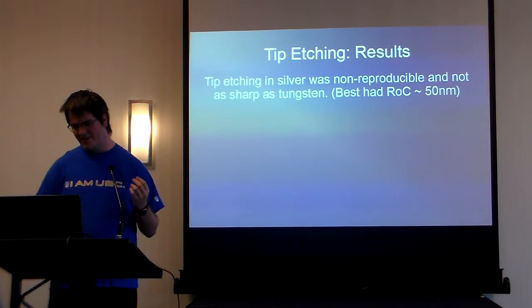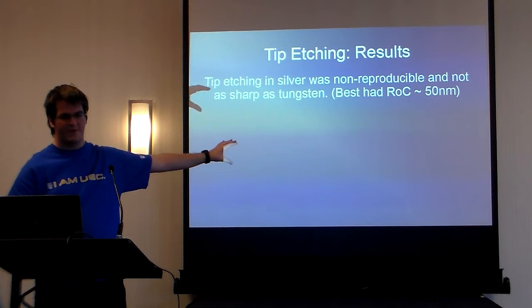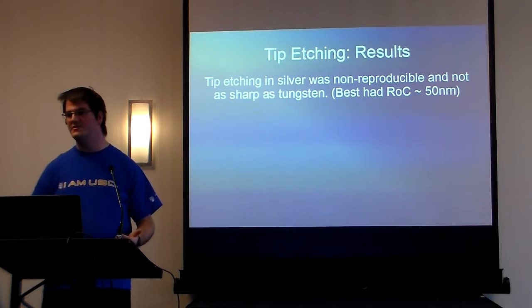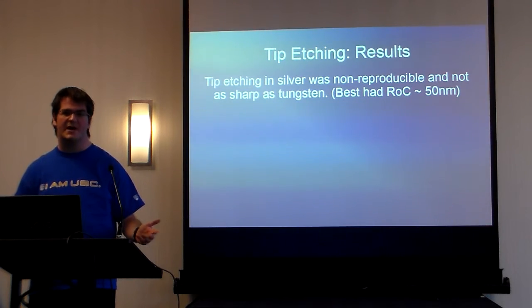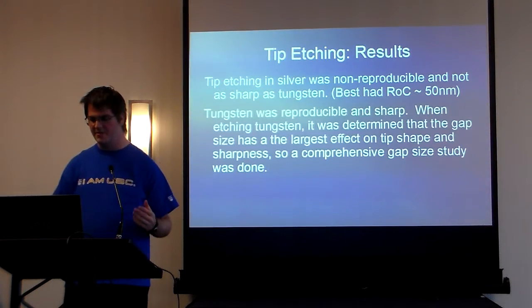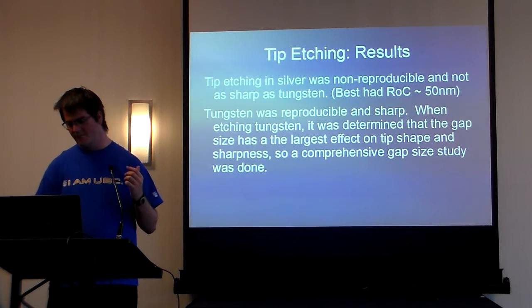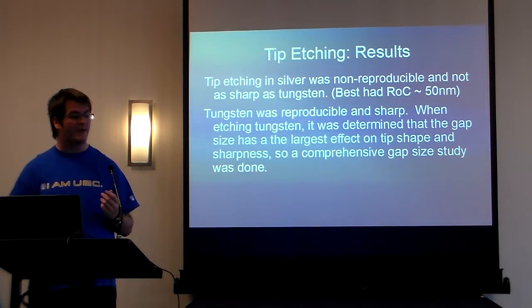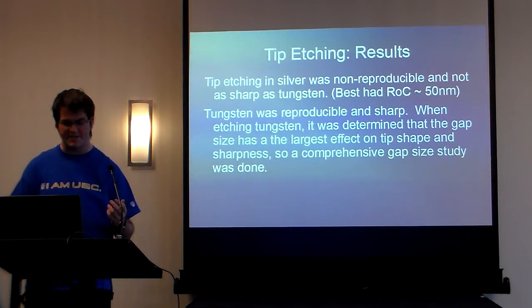And so the results: the best tip I showed for silver was that one on the bottom. It's about 50 nanometers, and it wasn't reproducible at all, neither in time nor in sharpness. Tungsten was very reproducible. And so we did a very dedicated study on the gap size to try and figure out what the best gap size is.